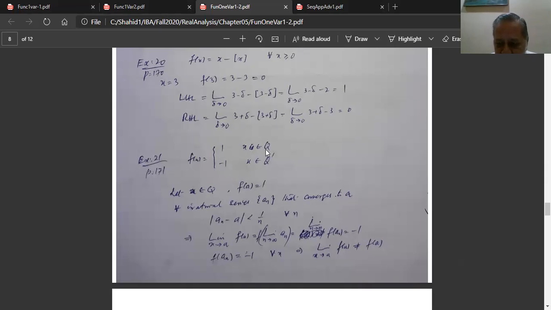When x is rational, the image is 1. When x is irrational, the image is minus 1. So if you'd like to make a graph of this function, there will be points on the graph at a height of 1 throughout, but with gaps, because for rational it will be plus 1. And for irrational, there will be a horizontal line with gaps at the depth of minus 1. And this function is not continuous anywhere.